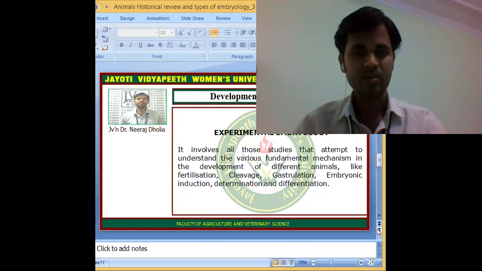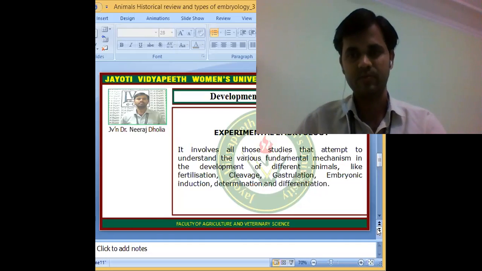For example, what is differentiation? It is the maturation of an undifferentiated cell to a dedicated cell. Like the stem cells are the undifferentiated cells, and when they are converted into the skin cells, we call it a differentiated cell. Skin cells do not have the potential to multiply or renew as the stem cells have.